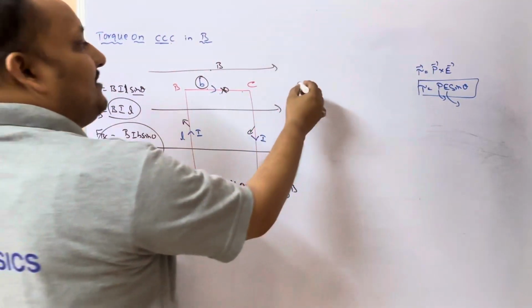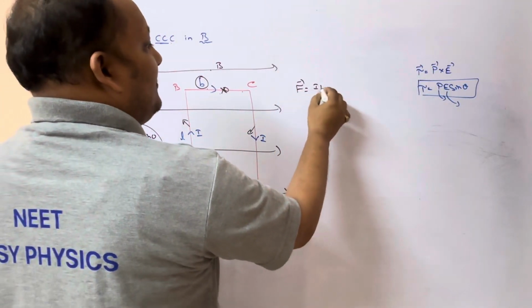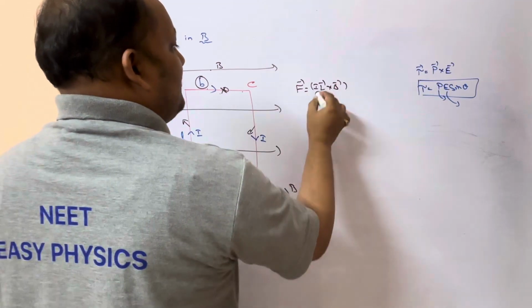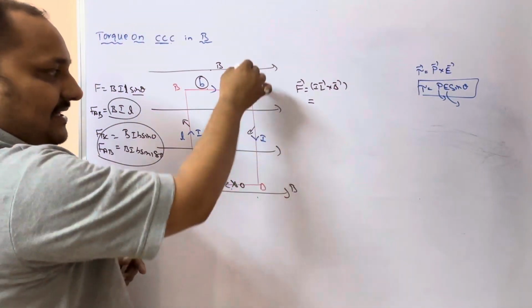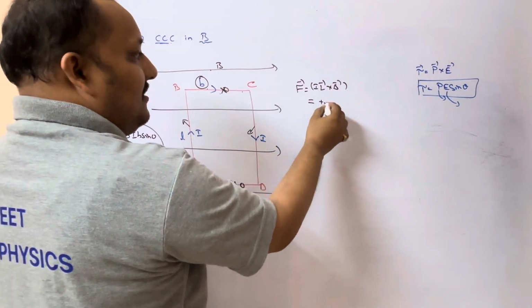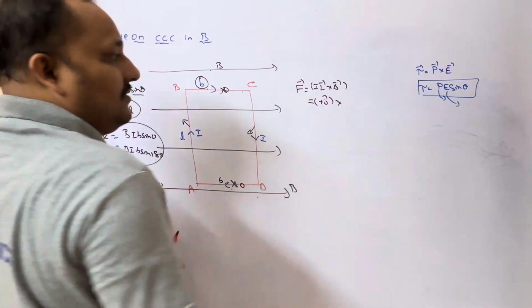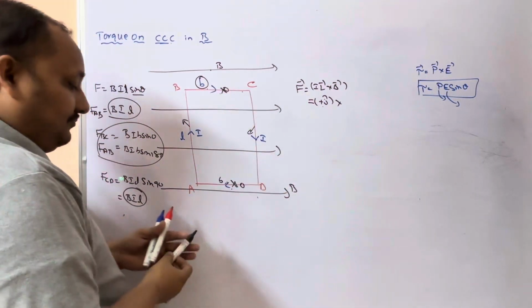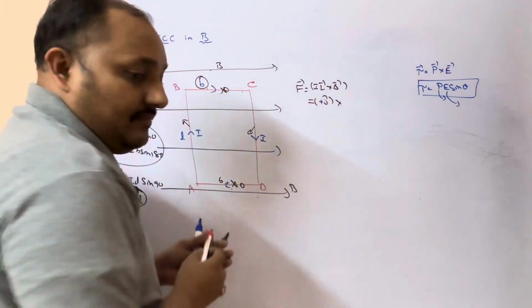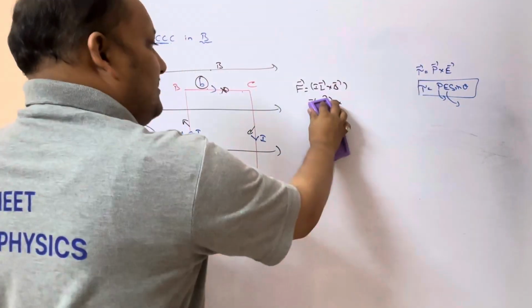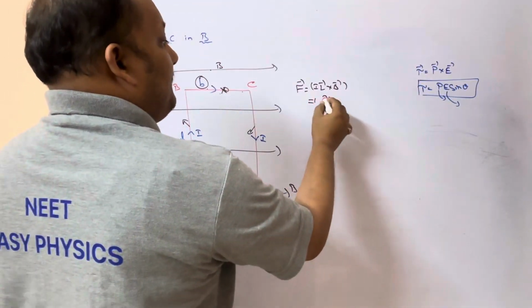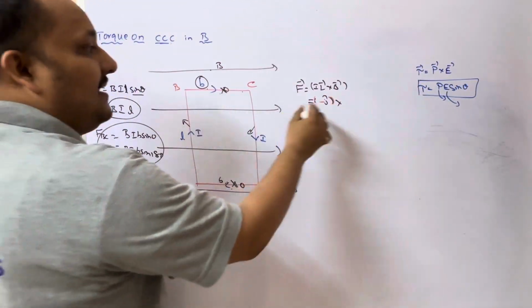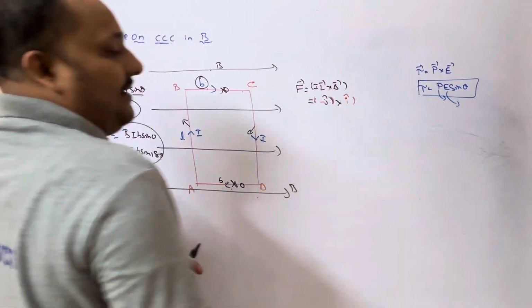Otherwise, to get the direction, we will use this formula also. F bar is equal to I L bar cross B bar. This length is downwards, so minus J cap, because upwards means plus. B bar is to the right side, I cap.